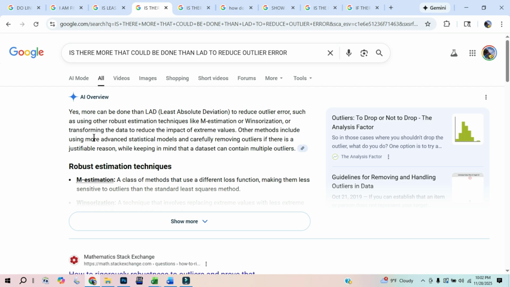Other methods include using more advanced statistical models and carefully removing outliers if there is a justifiable reason. This is so fascinating because my brother, when I brought this problem to him, he's just like, oh, this is what AI is doing, and this is how you can test AI, and this is how you train AI. Because you have all these outliers that you might not want to have equal weights. So hell yeah, there are other better techniques.